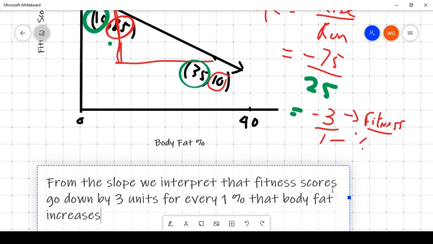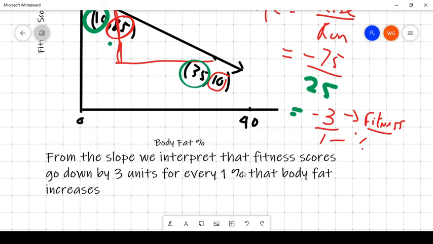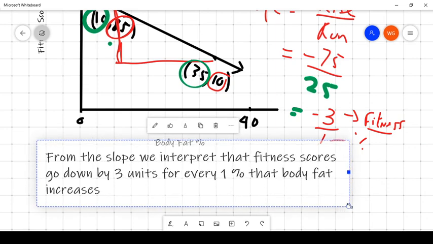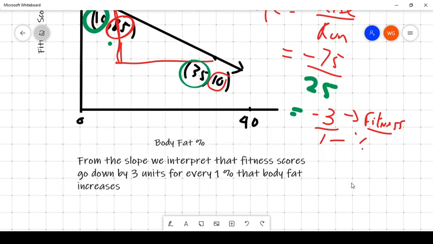And so I hope what you notice here is that slope is really, really important, because that tells the researcher a whole lot about how, in this case, body fat and fitness scores are related, right? The slope tells us that as we increase our body fat by 1%, we can expect a decreased score of about 3 units in our fitness test.